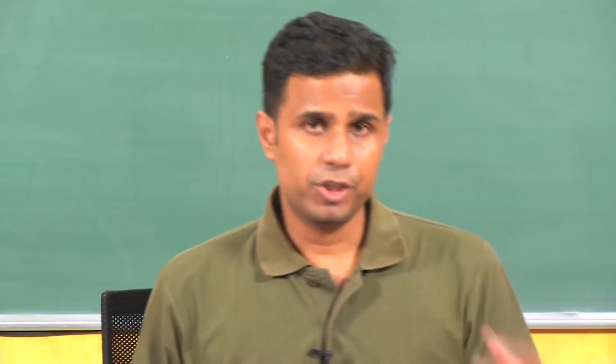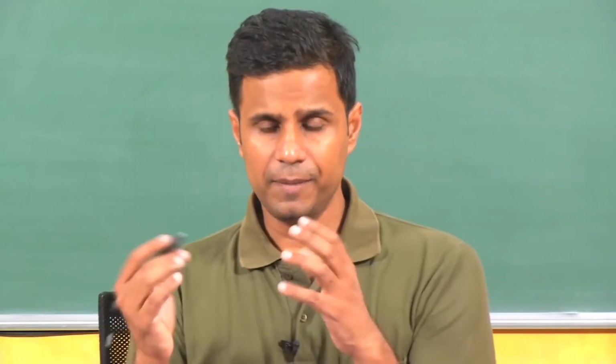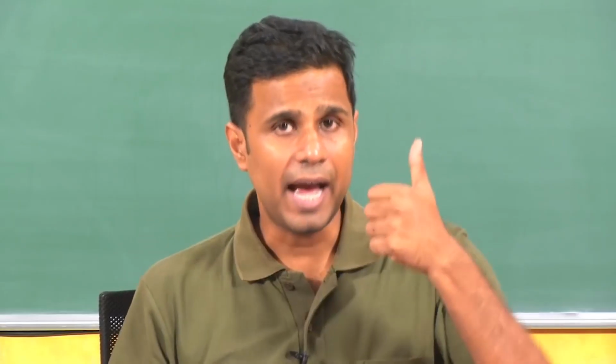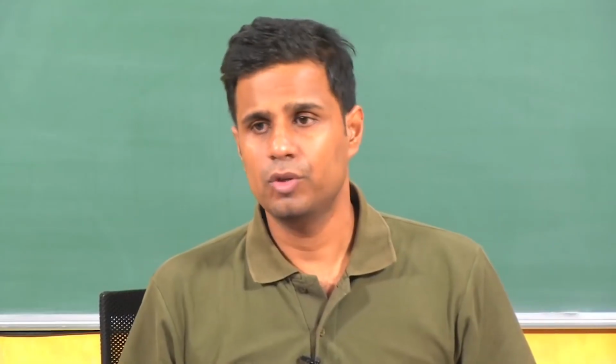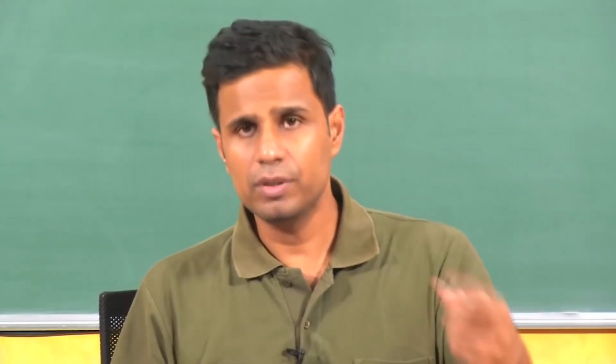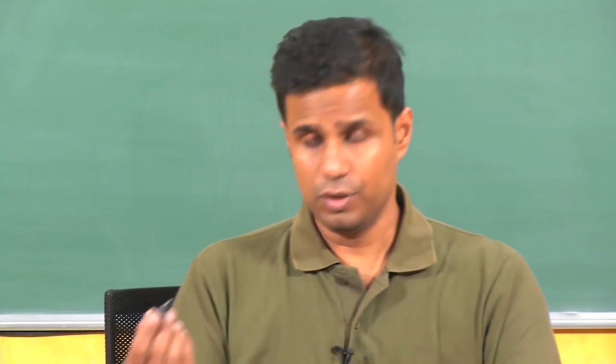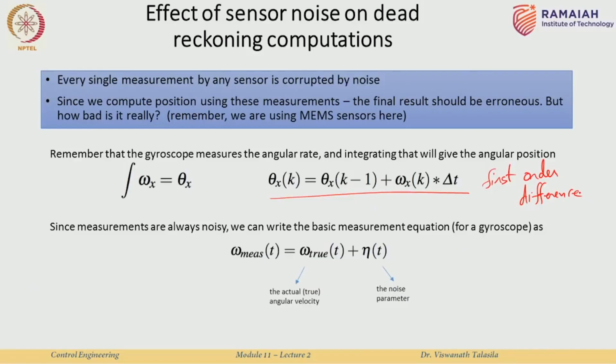Every measurement you make is actually a combination of two things. One is the actual dynamics which is happening. For example, if you are measuring temperature, it is the actual temperature in the room plus the noise. This can be written for a gyroscope as follows.